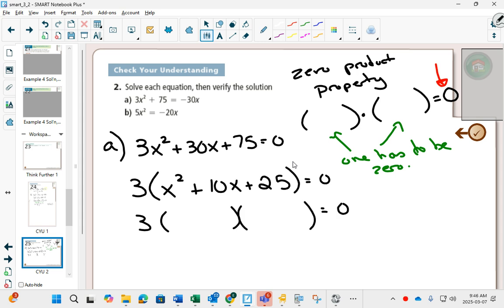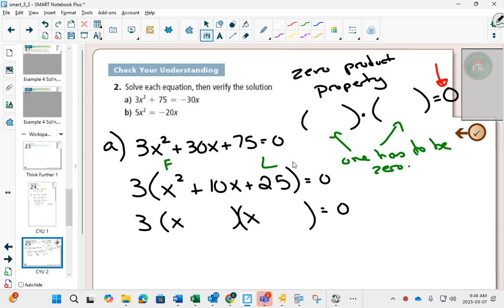Then we're going to check, can the inside be factored further? Well, if it could, the first ones are an x squared, right? If my first ones are x squared, it has to be x and x. My last one is 25. Could be 5 and 5, could be 25 and 1, 1 and 25.